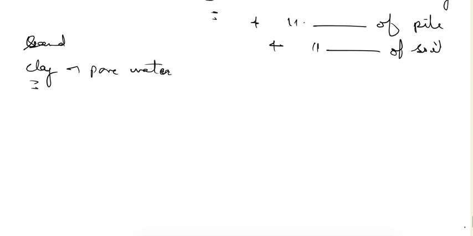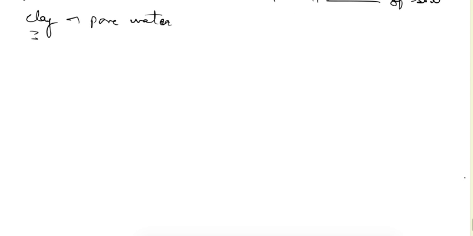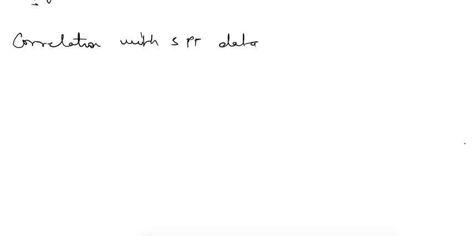So apart from this, one more kind of test was remaining, that is correlation with SPT data, that is standard penetration test data. For this test also, the values are given for different kind of condition, that is driven pile in sand, or the cast in situ pile.